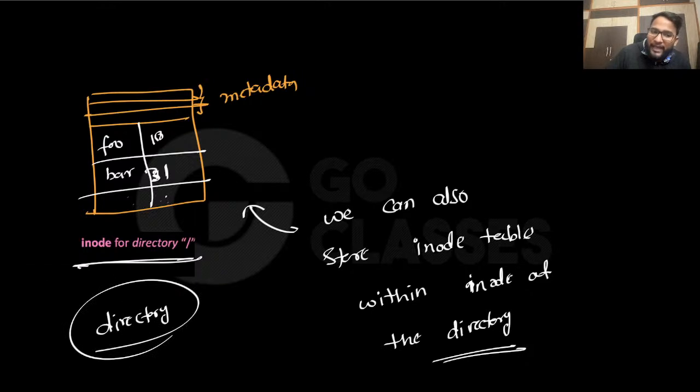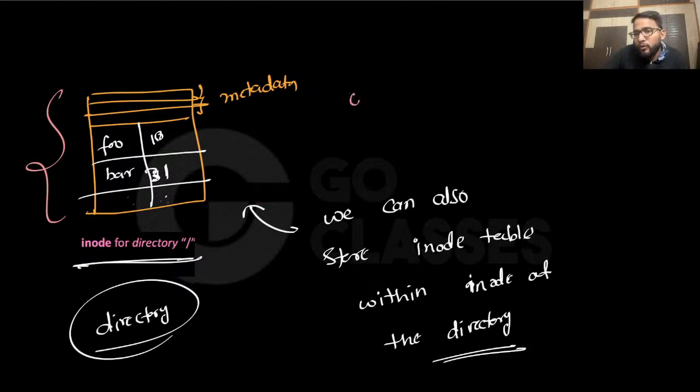Generally people do not explicitly mention that this is the inode for a directory. By default, when I say directory, it means the inode for the directory, because a directory just has the inode, it doesn't have any other data. If I'm calling it directory and the inode table itself is in this, then they are not calling it inode, they are just calling it directory, because that's all the information you have for the directory.